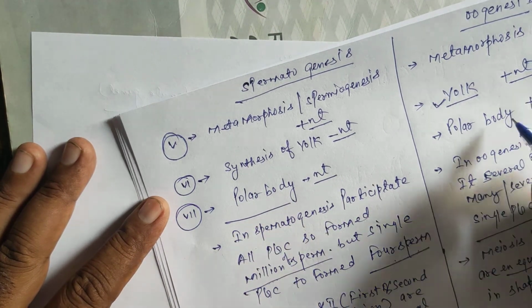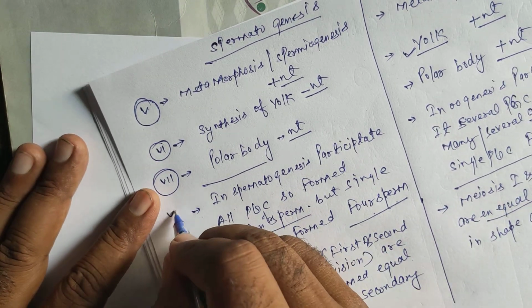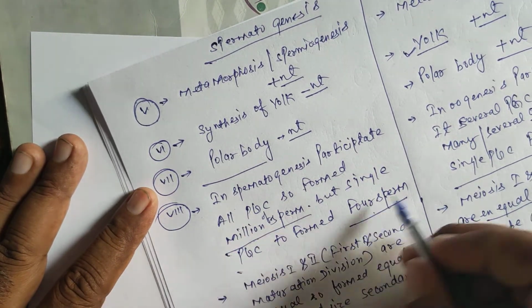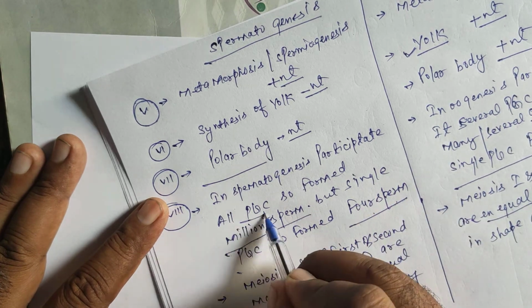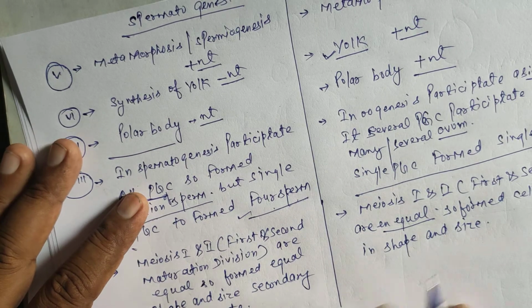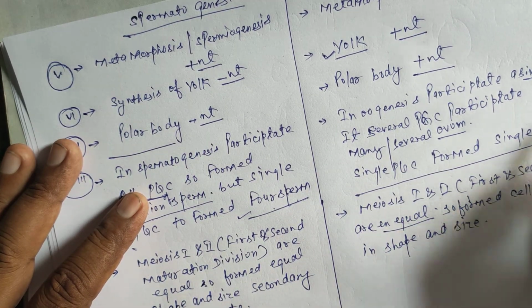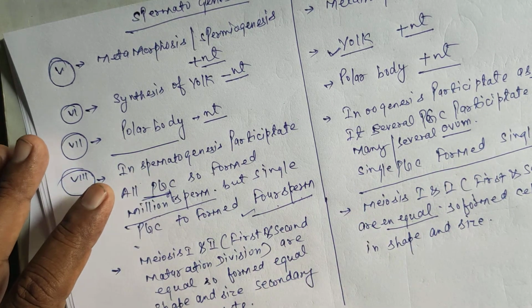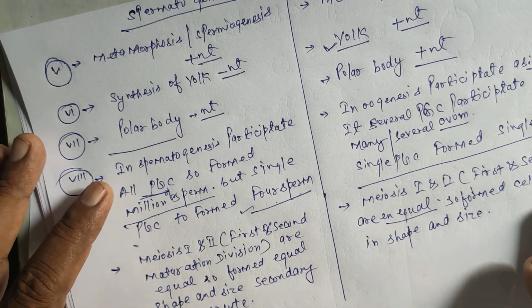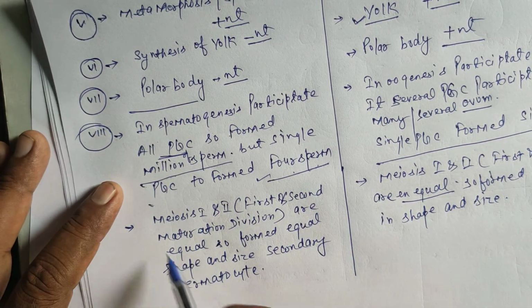Next, polar body is absent but present in oogenesis. Next, in spermatogenesis all PGC participate and a single PGC forms 4 sperm. In oogenesis a single PGC participates and forms a single ovum and 3 polar bodies, mostly 3 polar bodies, but sometimes a single polar body.